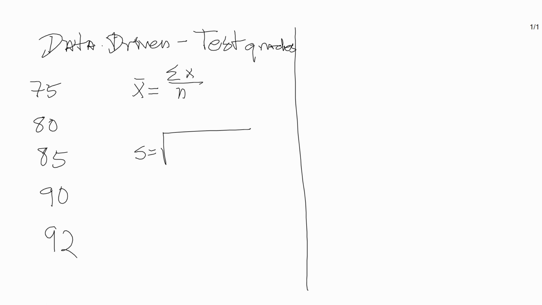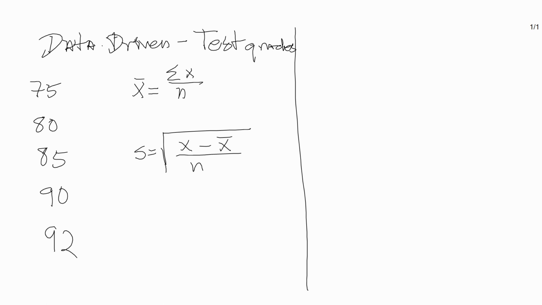I don't care about the variance. I care about the standard deviation. So x minus x bar over what? Is it n minus 1 or n? N minus 1. Okay. Now there is the difference.